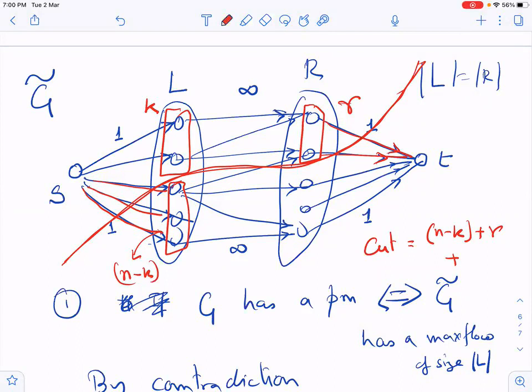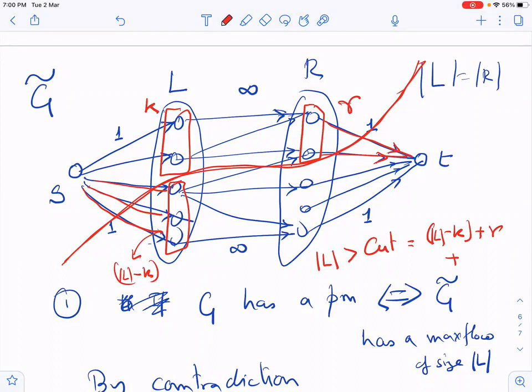Also, we know that the cut is strictly less than L. Oh, sorry, this should not be N. Why is it N? It should also be L. What do you think?